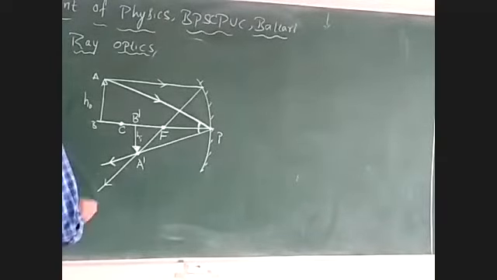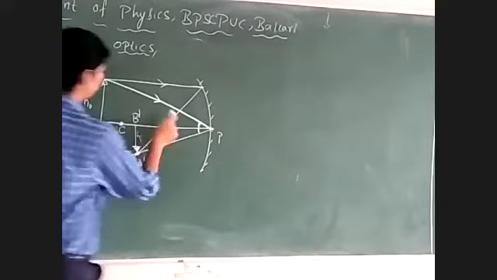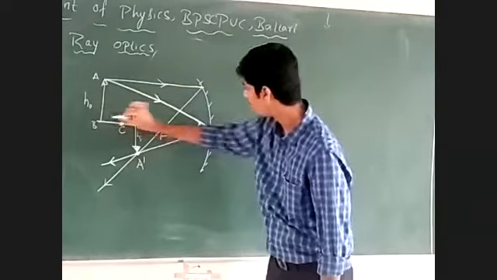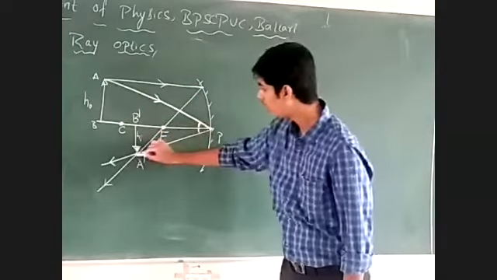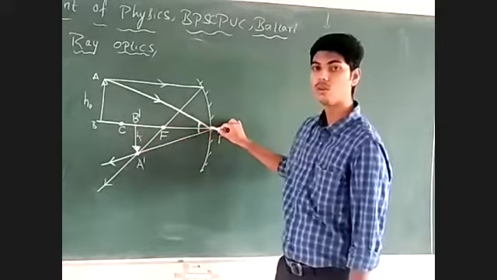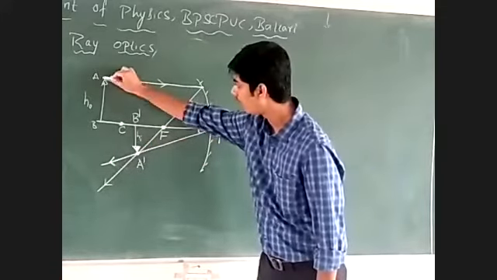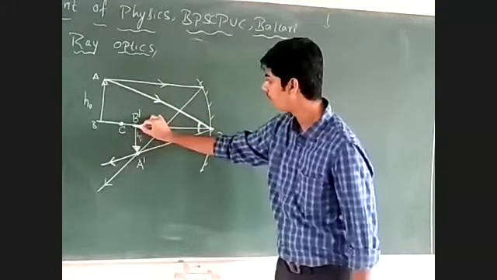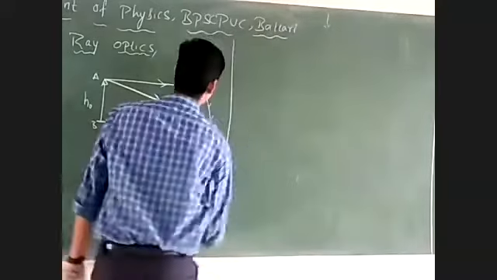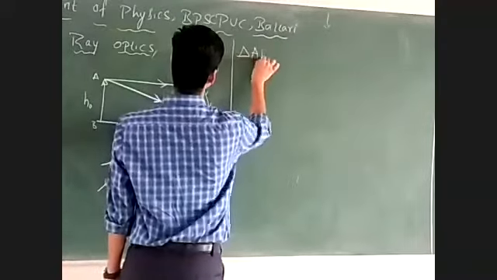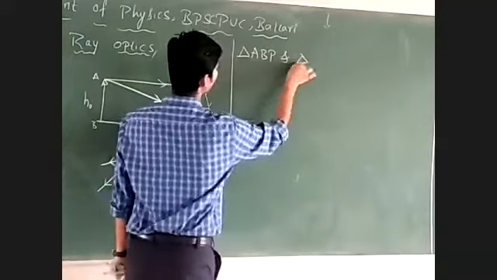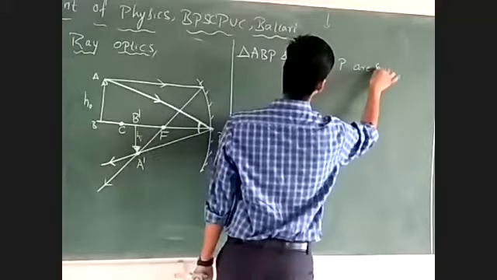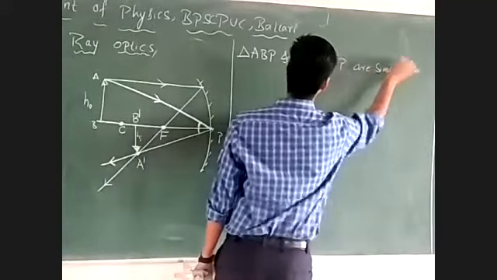Now look at the triangles A B P and A dash B dash P. We'll consider the triangles A B P and A dash B dash P. They both are similar triangles.